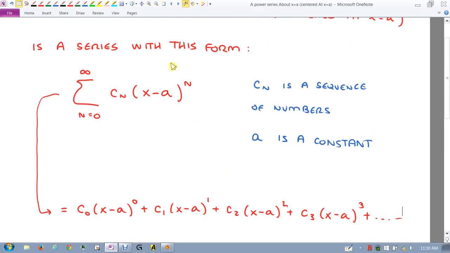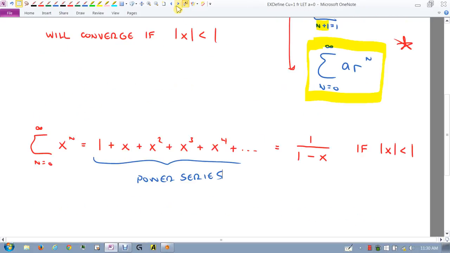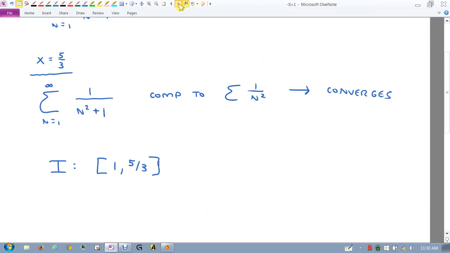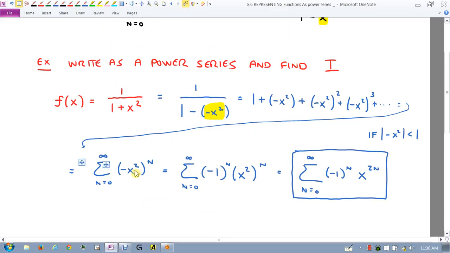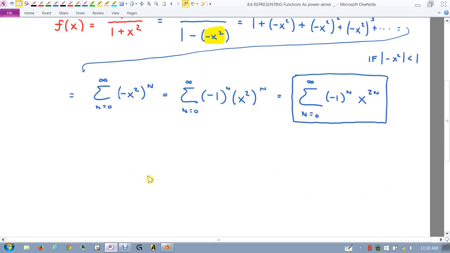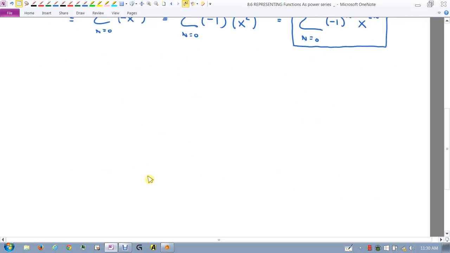C sub n is some sequence that's changing, but x isn't part of it. And then we have the x minus the a and then to the power n. So that's why we were not okay with leaving it like this. We wanted to get that negative 1 off of the x. All right, that pretty straightforward?